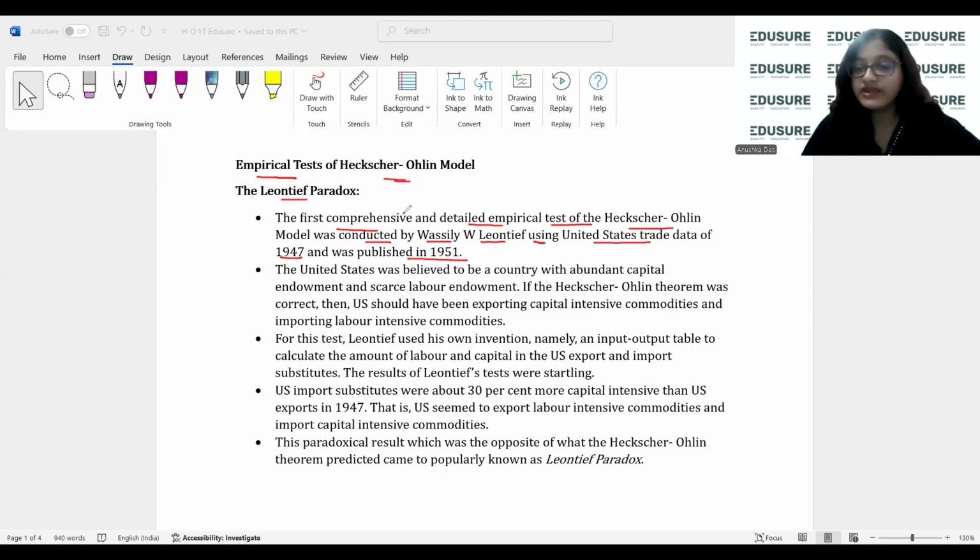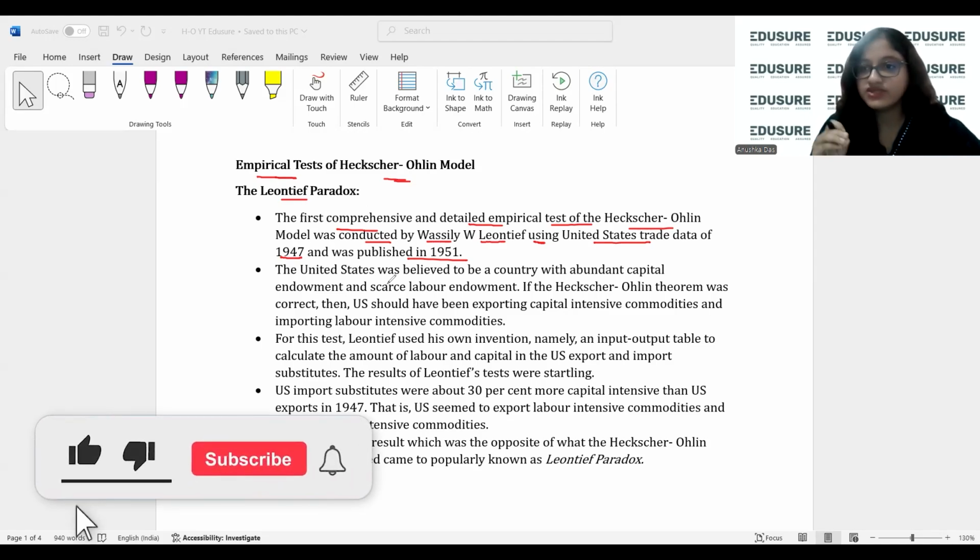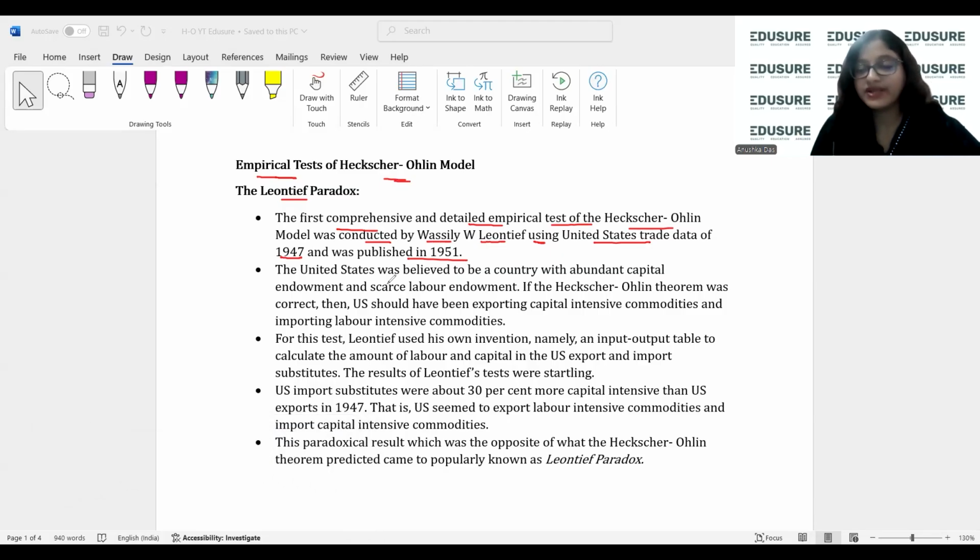According to the Heckscher-Ohlin model, what should the US do? If there is no violation of Heckscher-Ohlin, the United States is a capital abundant country, so it should ideally specialize in capital intensive goods, export capital intensive goods, and import labor intensive goods. That should happen if there is no violation. But what Leontief found out is just the opposite, and that is why it's a paradox.